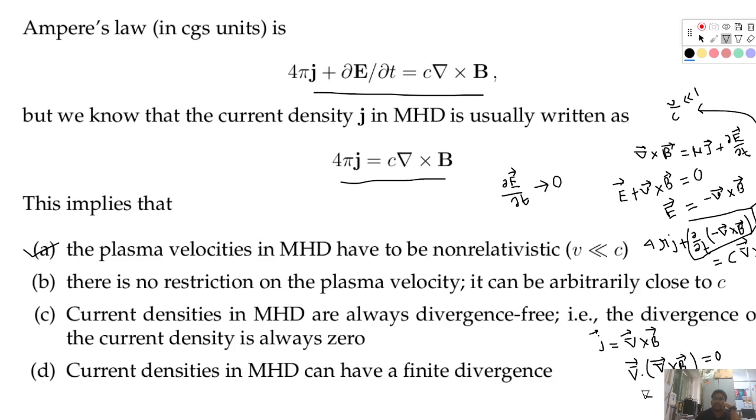So the divergence of J is going to be 0. It is divergence free, which also means that the current in MHD will not have any sources or sinks, because it cannot diverge or converge anywhere. So option C is also a correct option.